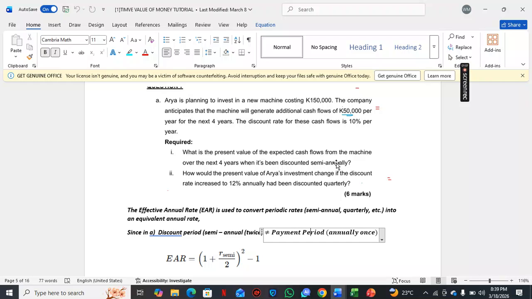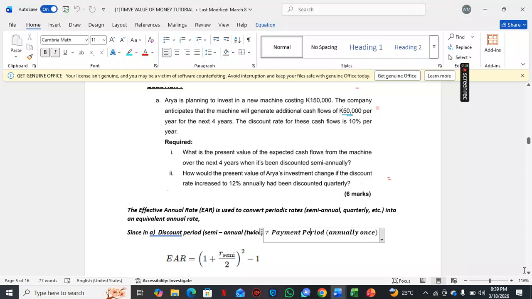So what you need to do first is equate the discount period and the payment period. Since our discount period is semi-annual, we want to make it annual.